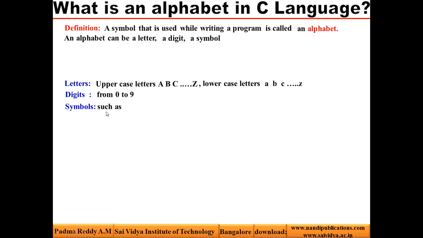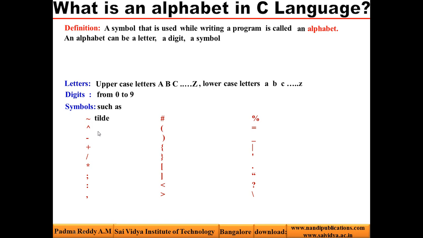Symbols such as, look at these symbols here, and we have another set of symbols here, and another set of symbols here. When we say this symbol is capital letter A, this symbol is capital letter B, this symbol is capital letter C, each symbol has some name. This symbol we call a tilde.